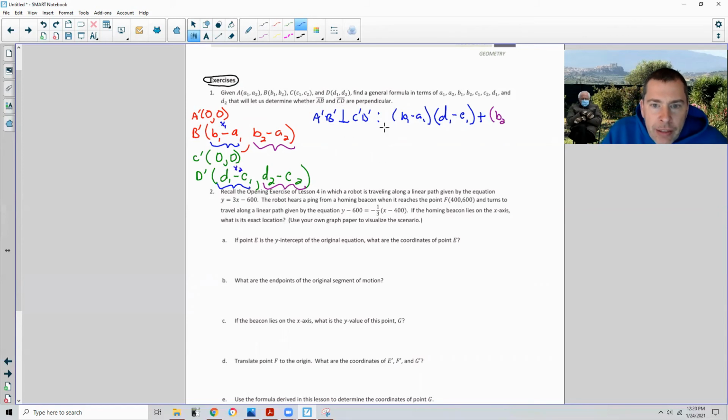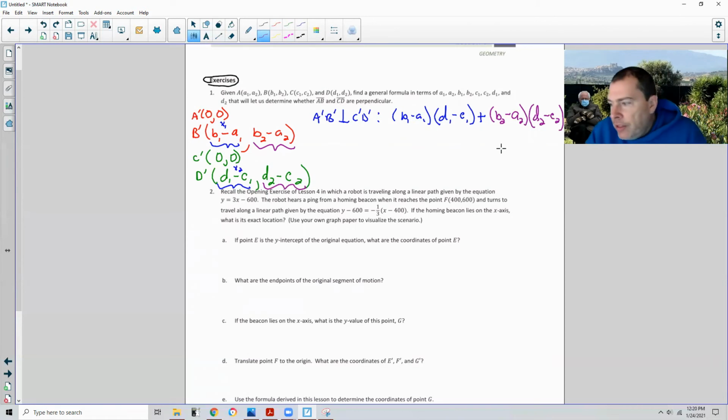So we're going to take X sub 1 times X sub 2. This is correct, my apologies. So there is our equation, and that has to equal 0.